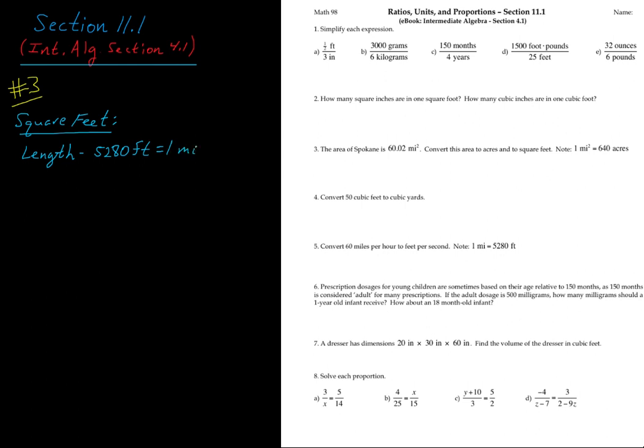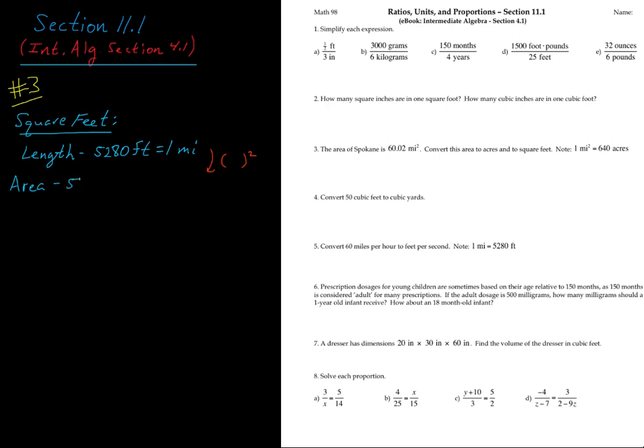Okay. Now again, I don't expect that you have these kinds of conversions memorized. I know I didn't write that down in question number 3. I probably should have here. But this sort of information would be provided for you in the problem. What we can now do with this, and this is just straight from the last video, from a length to an area conversion, we are going to square things, because we're now talking about something that's two-dimensional.